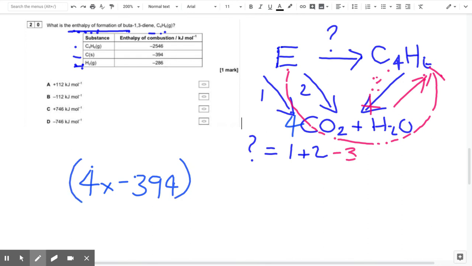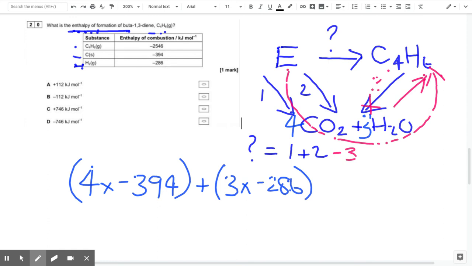We're going to add that to arrow number 2. We've got 6 hydrogens over there, so we're going to end up with 3 lots of water molecules. So we're going to add that to 3 lots of minus 286, taking those numbers from the table.